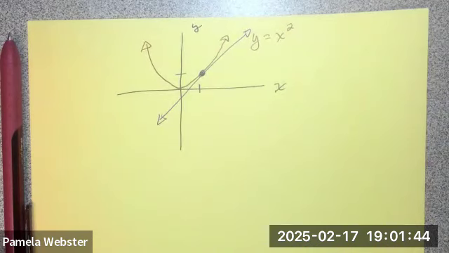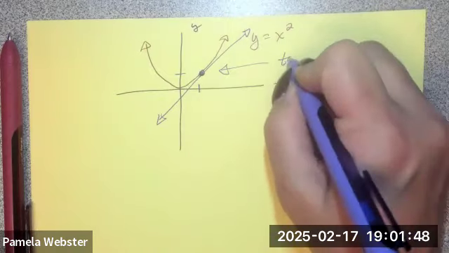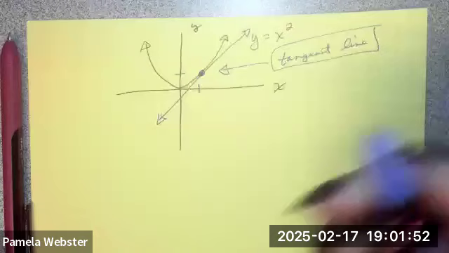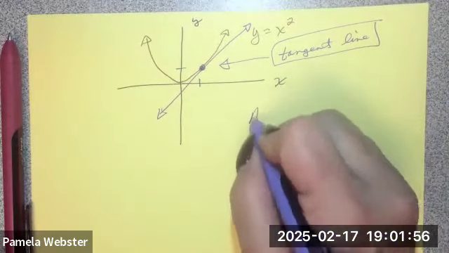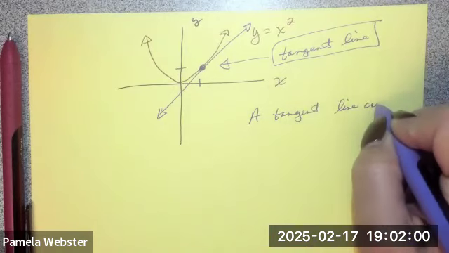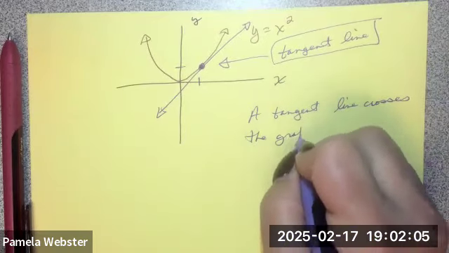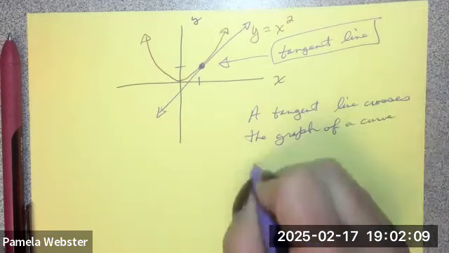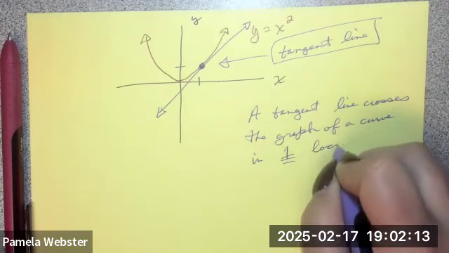So that is a totally different graph. That is called a tangent line. Okay. And what's the difference between that and a secant line? A tangent line crosses the graph of a curve in one location.